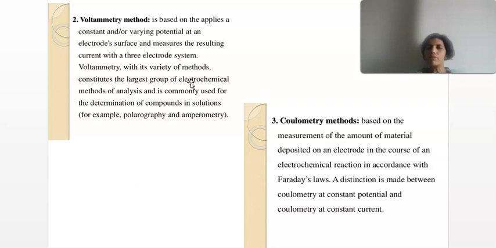Now, let's first try to understand the basic definition of the next method, which is called the coulometry method, which is based on the measurement of the amount of material deposited on the electrode in the course of an electrochemical reaction in accordance with Faraday's law. First of all, let me make a very clear distinction that there is one more method called colorimetry, which is a spectrophotometric method.